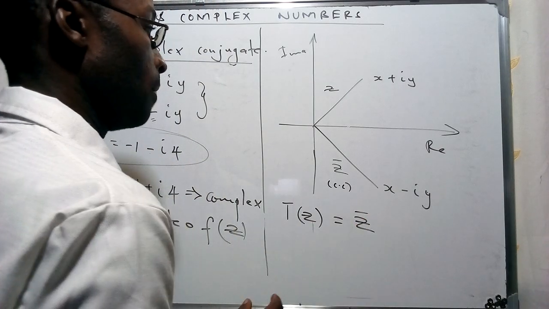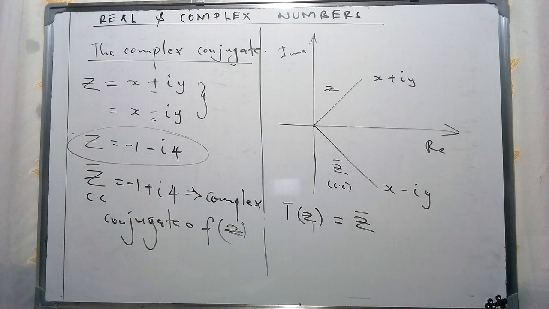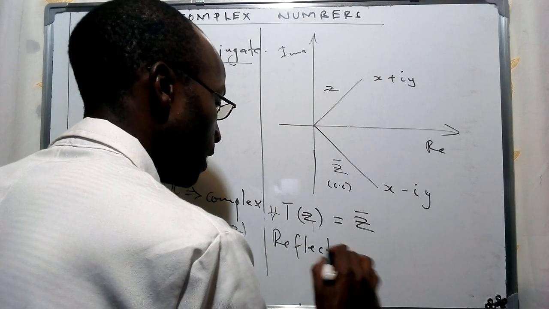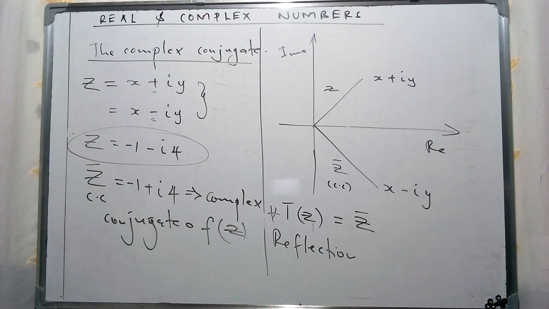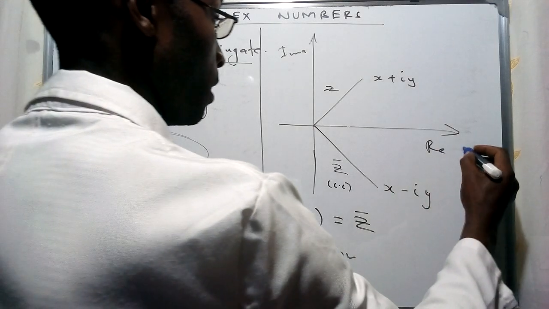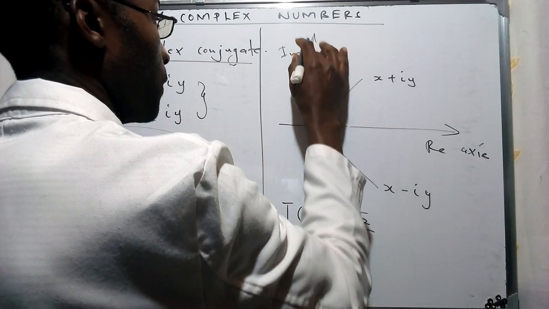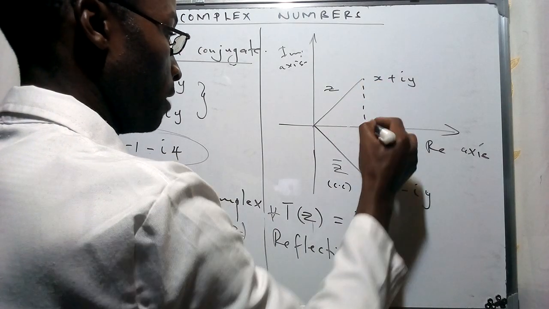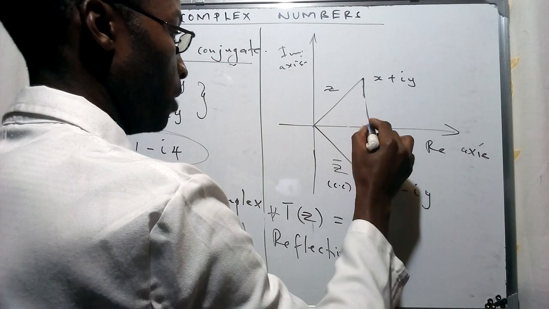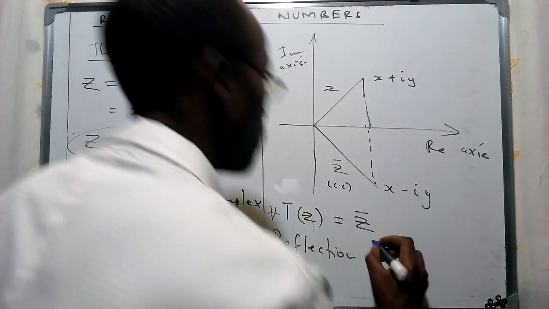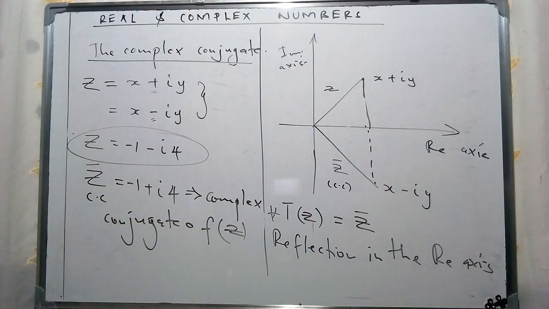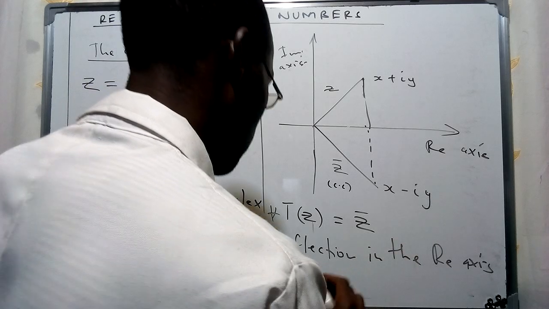From our discussion on the concept of transformation, we can see that this represents a reflection in the real axis, given as Re, and Im for the imaginary axis. So the transformation from the phasor z to its complex conjugate represents a reflection in the real axis.